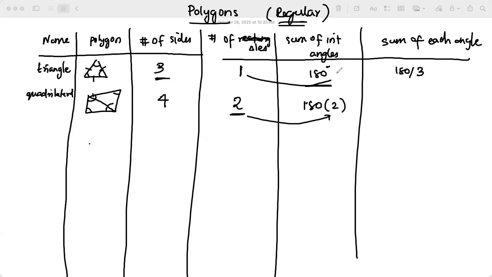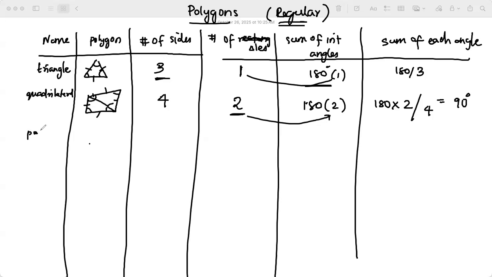Make sense? And then sum of each angle: whatever is in here, I'm copying it, divided by what? 4 angles, right? So what is it? 90. Good job. It's regular is what we are considering. That's why it's coming as 90.